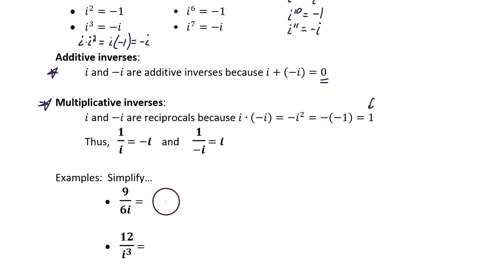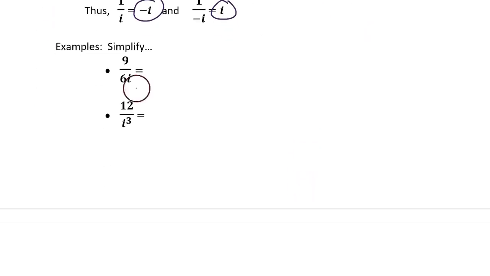So when working with the imaginary unit, it's i and -i that are reciprocals. That helps us to simplify expressions that contain the imaginary unit i. If we ever end up getting 1 over i, we can substitute -i in place of it. And if we ever end up getting 1 over -i, we can substitute i in place of it. Here's some examples. Simplify this fraction.